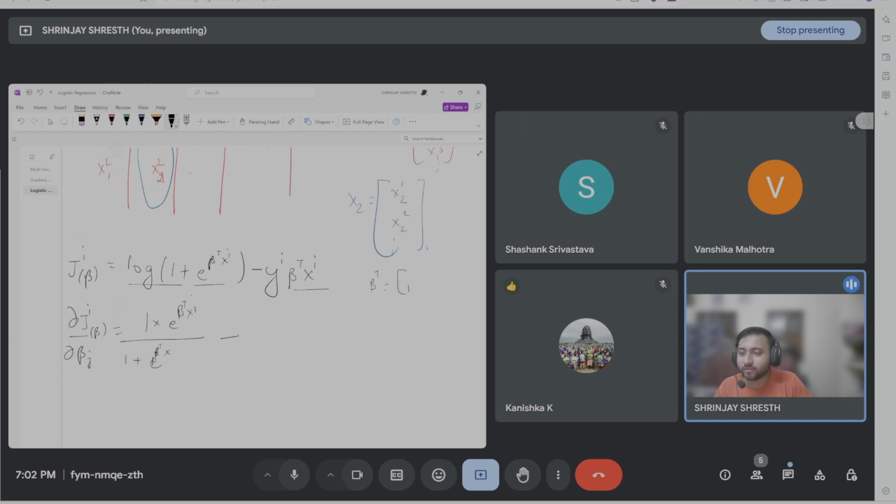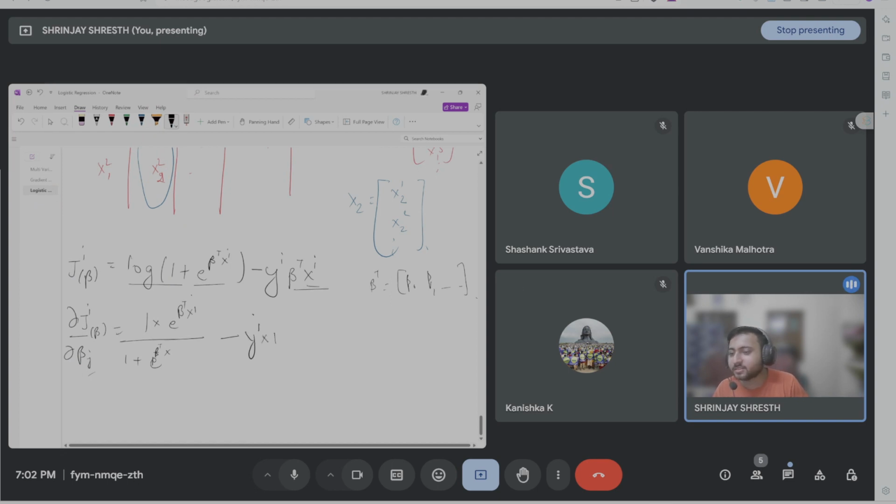This is a row vector of beta naught, beta 1 and so on. So if you differentiate, we would be only having beta j, which we differentiate; the remaining terms become 0. Now we differentiate beta j with beta j, it would be 1. Understood? Now yi is constant, so this would be something like this. So beta j differentiated with beta j gives 1.